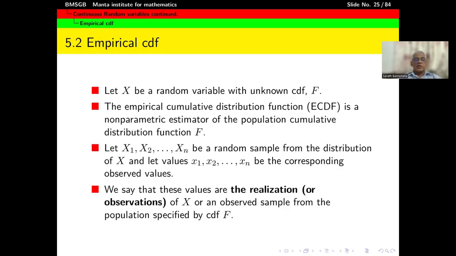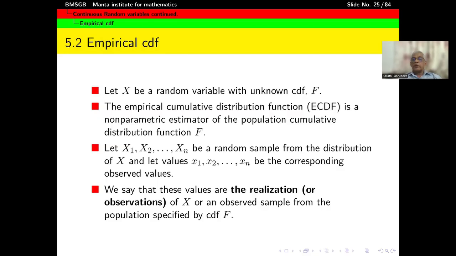To explain this, let us consider a random sample capital X1 up to capital Xn from your distribution or the population. And suppose we have an observed set of values also, simple x1 up to simple xn. In this case, simple x1 up to simple xn can be considered as a realization of the random sample capital X1 up to capital Xn.